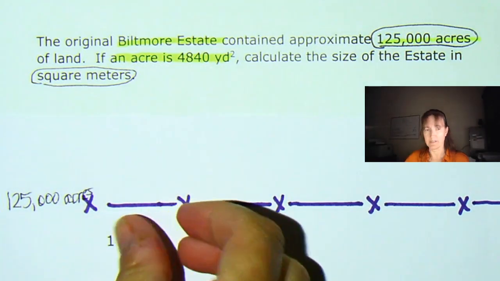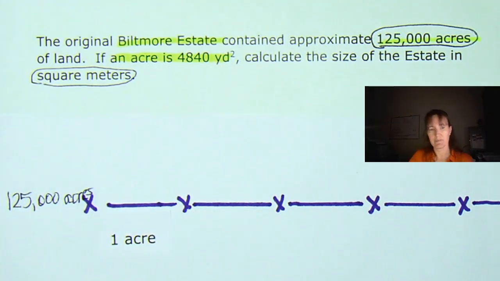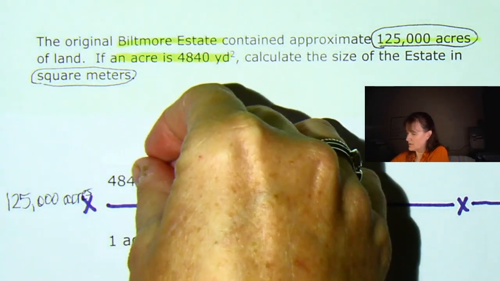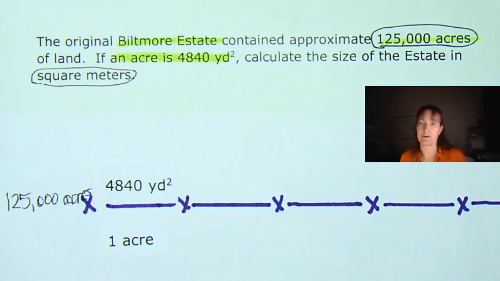And that's going to be our given equality of 1 acre is the same thing as 4,840 yards squared. This conversion factor has yards squared. I did not create the yards squared, it was given to us.